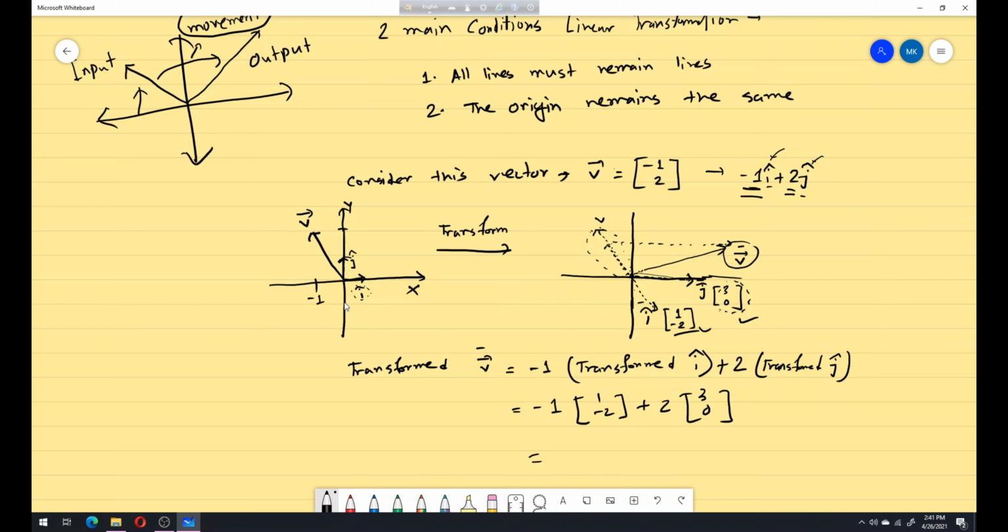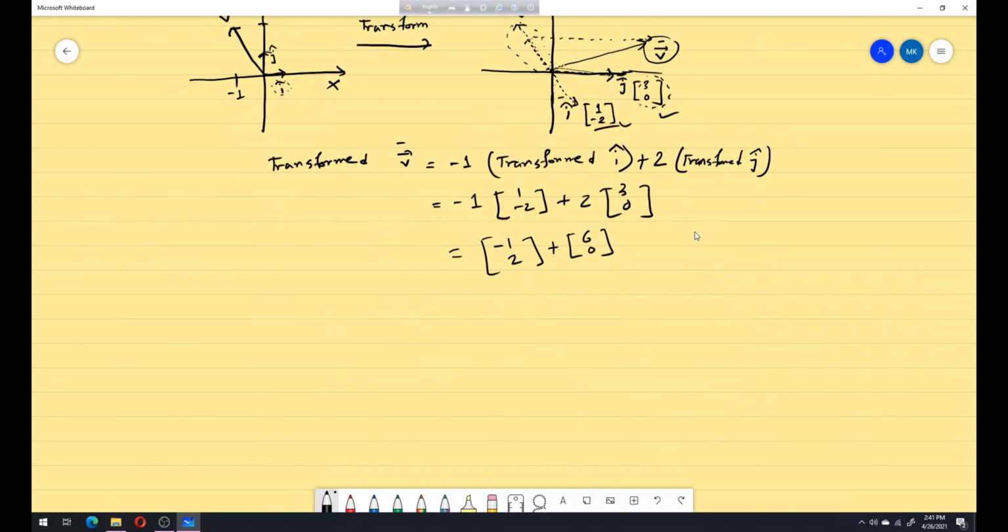So the vector would be -1 into 2 plus 6 0, right? I've just multiplied it, and the result would be 5 2. So this is the resultant vector. Okay.